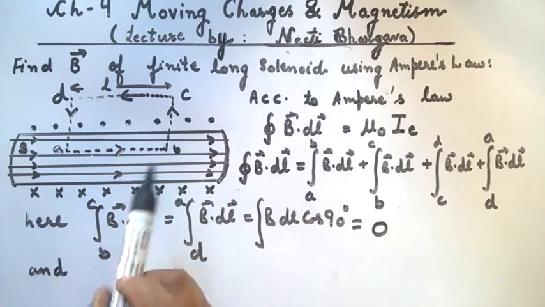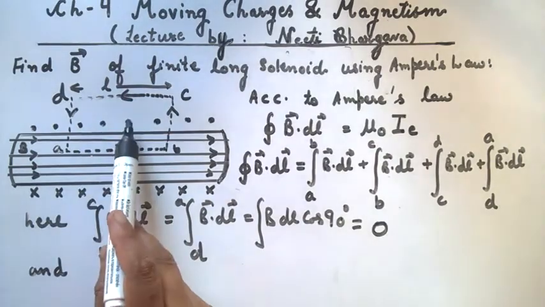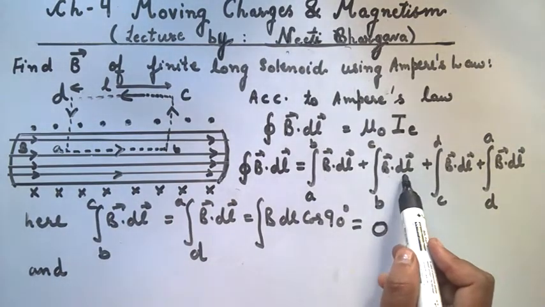Also, CD is outside the solenoid, therefore here the magnetic field is 0.